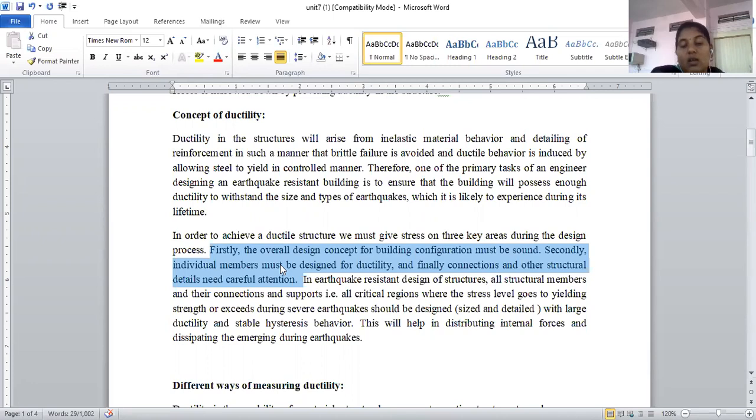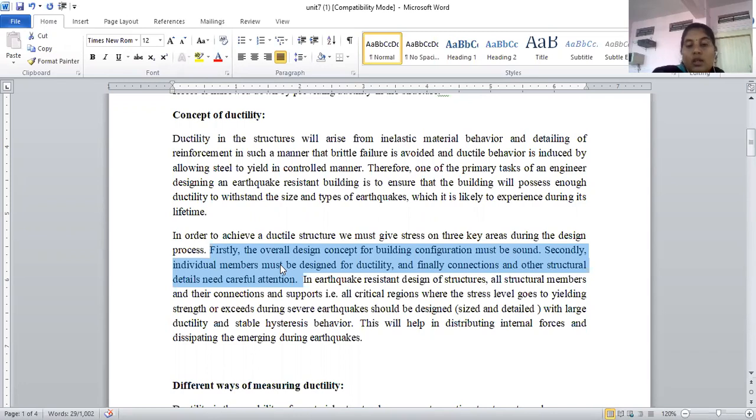So these are the three parameters which are very helpful to us to achieve the building as an earthquake resistant building. And if we give attention to these three parameters, automatically we can make the building an earthquake resistant building.